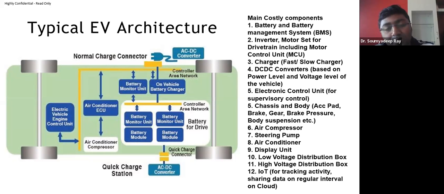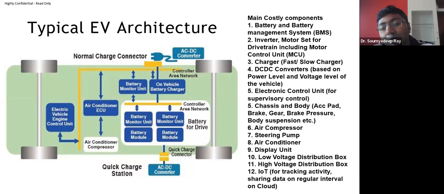There would be a display unit which would show you the current status, that right now what is the gear you can drive, or you are in reverse mode or you are in neutral mode, how many kilometers you can drive, whatever you can show based on your customer requirement. And the next thing is that you can design according to your electrical architecture requirement, that is low voltage junction box or low voltage distribution box.